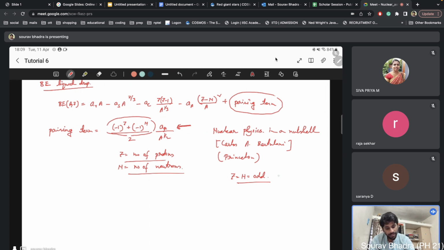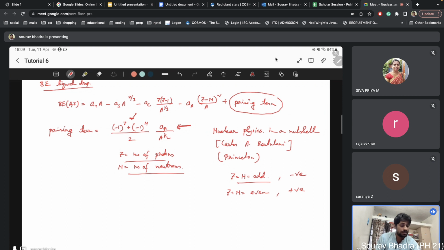For this case, the numerator of the pairing term will be negative. And if Z and N are even, suppose 2, then minus 1 to the power 2 is plus 1, and also minus 1 to the power 2 is plus 1, so the numerator will be positive for Z even and N even. So when both are odd, the pairing term is negative, and when both are even, the pairing term is positive, which is also correct.